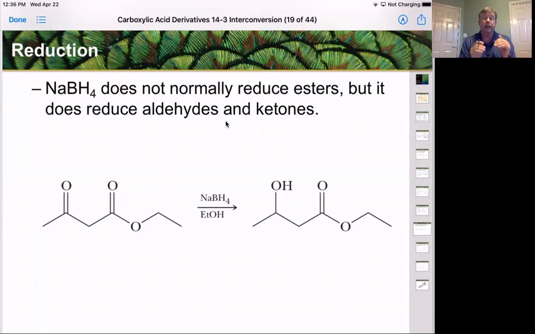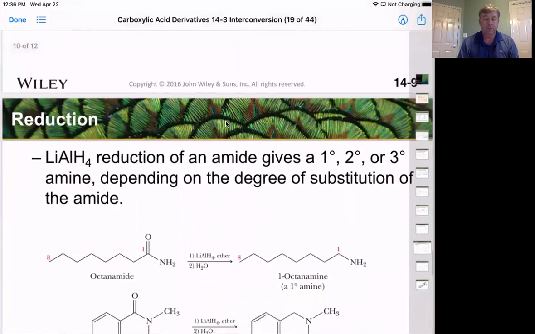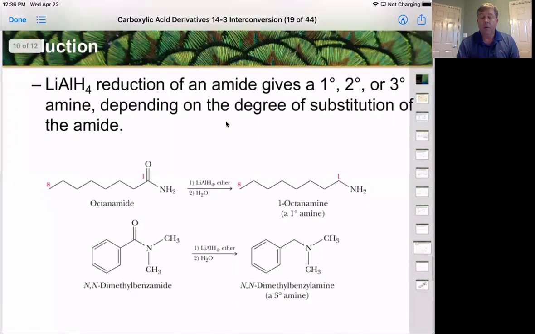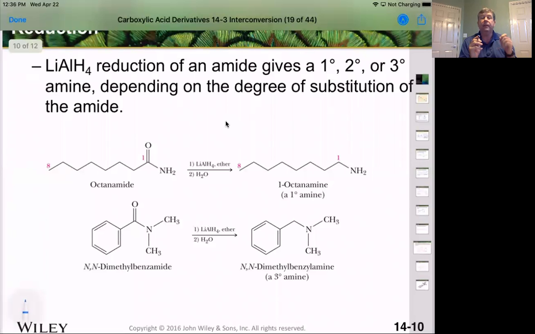You can use a less strong reducing agent, sodium borohydride, and reduce down just the other carbonyl of the aldehyde or ketone.